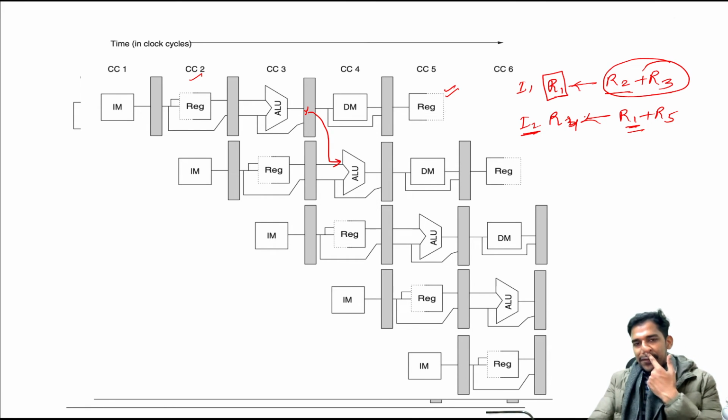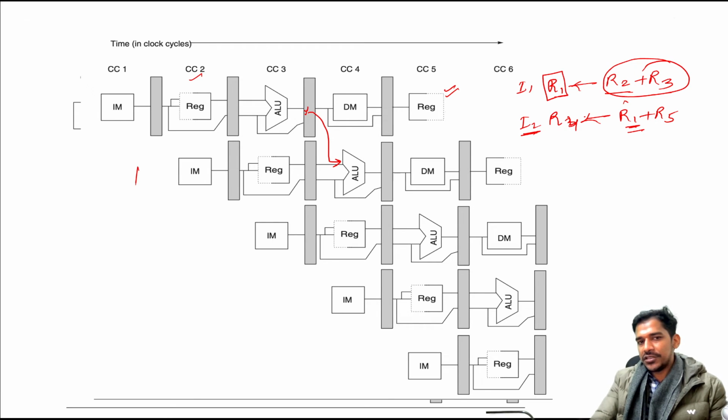The output of this instruction will be connected to the input of the next instruction, because the ALU of the second instruction requires two operands, R1 and R5. We require the updated R1, and the updated R1 is available here.